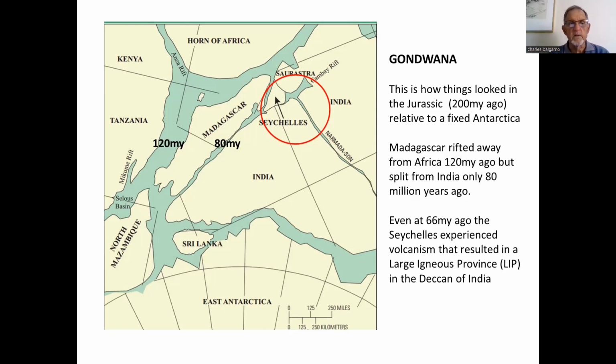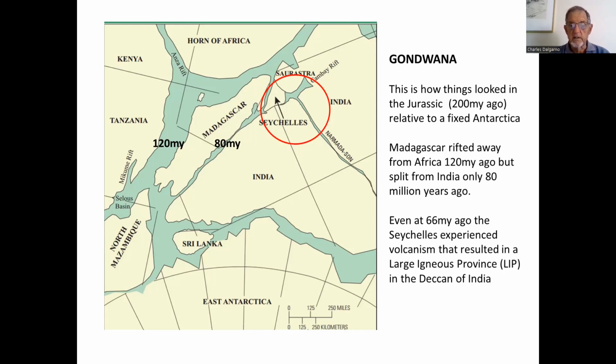Reading this, it's Gondwana. This is how things looked in the Jurassic 200 million years ago relative to a fixed Antarctica. Madagascar drifted away from Africa 120 million years ago, but split from India only 80 million years ago.